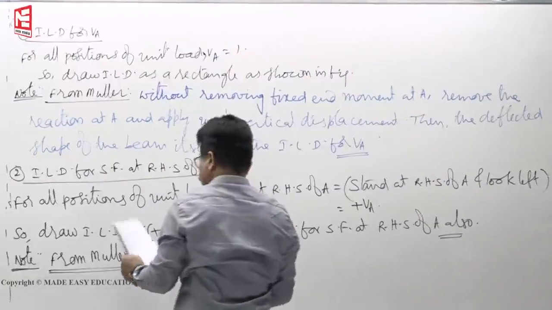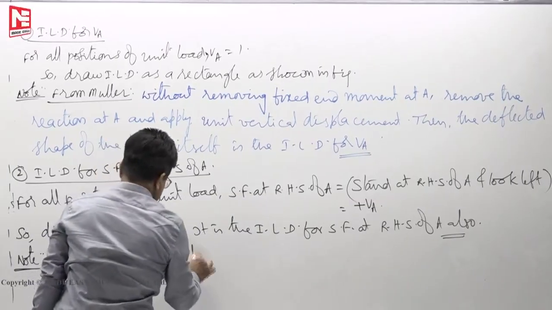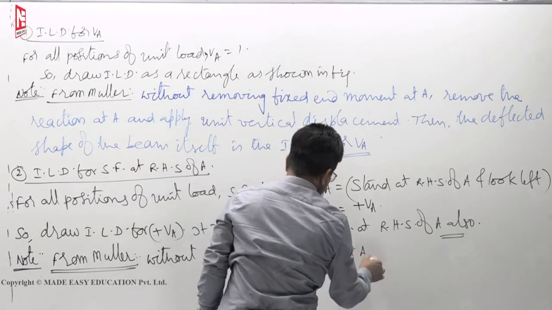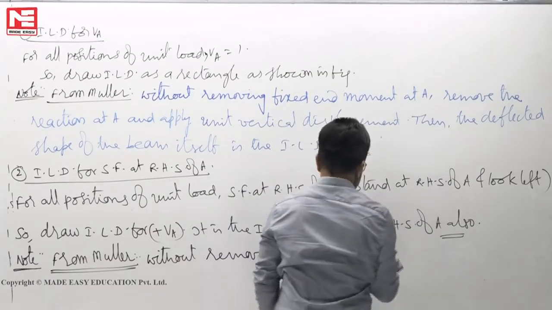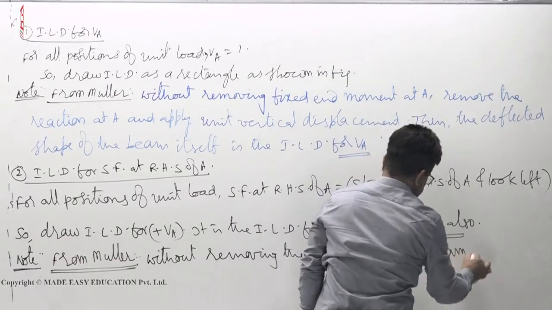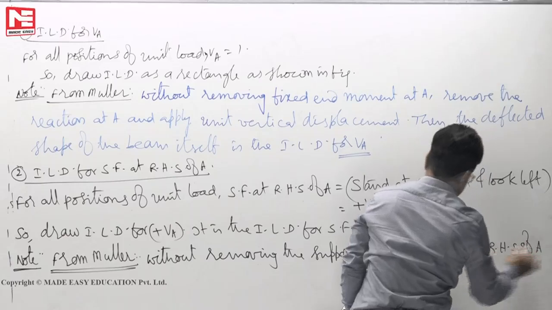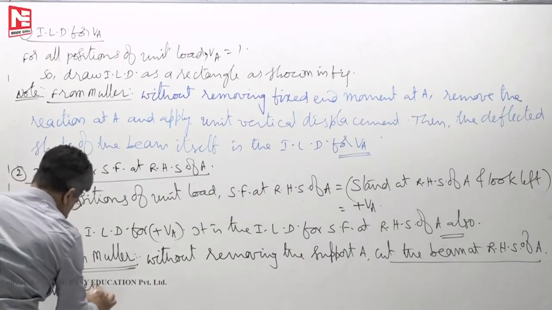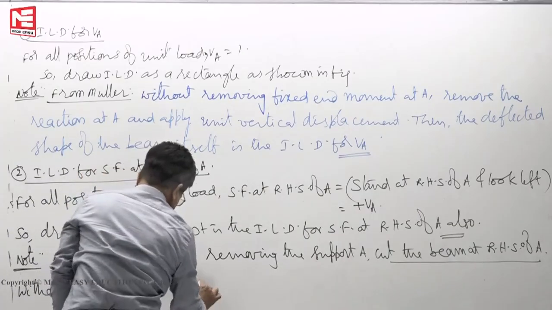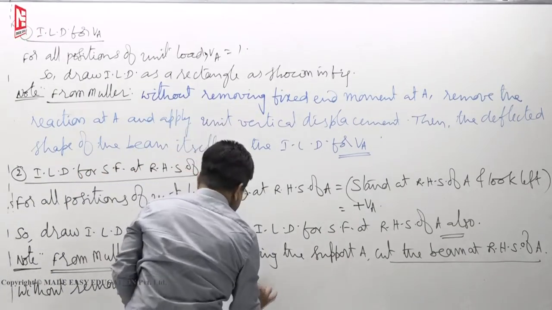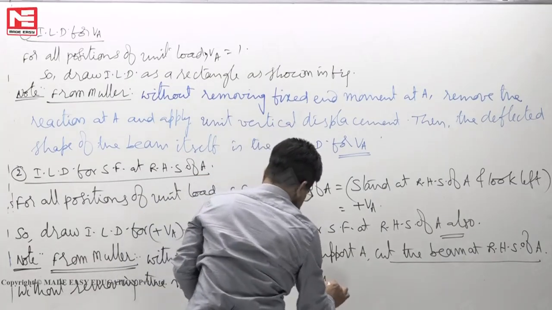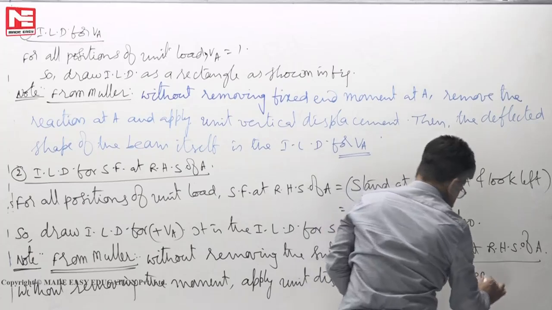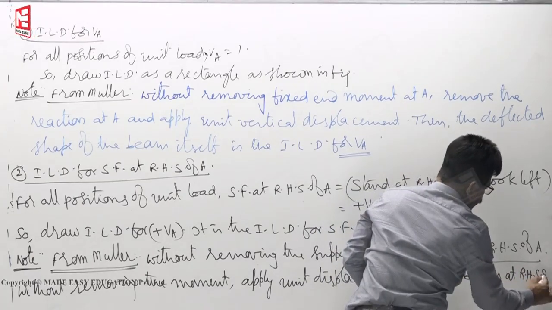So, without removing the support at A, this is the process. Without removing the support at A, cut the beam at RHS of A. So, without removing the moment, apply unit displacement for the beam at RHS of A. Why?